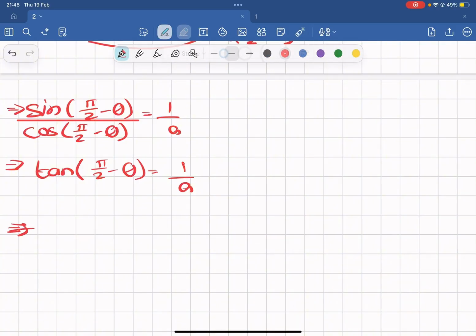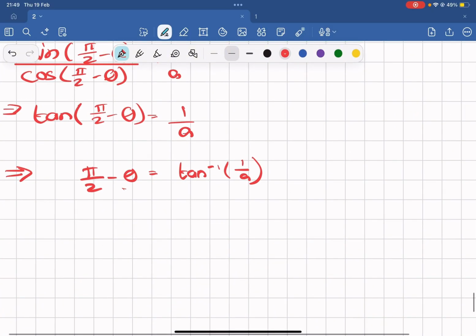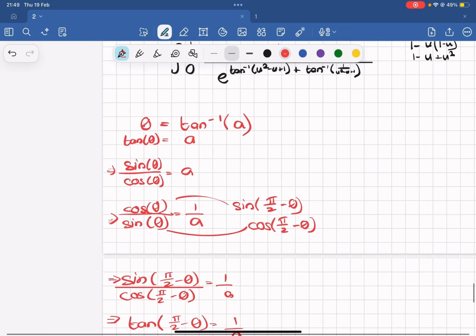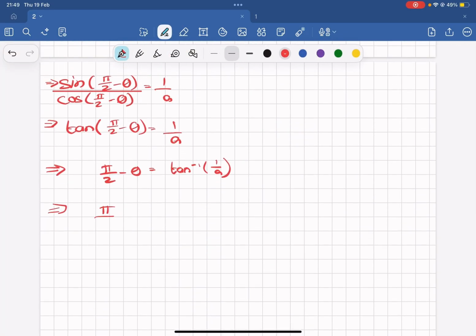If you take arctan of both sides, we have pi over 2 minus theta equals arctan of 1 over A. And we know theta here to be, if we go back up, theta was just arctan of A. So pi over 2 minus arctan of A equals arctan of 1 over A. Therefore, arctan of A plus arctan of 1 over A equals pi over 2.